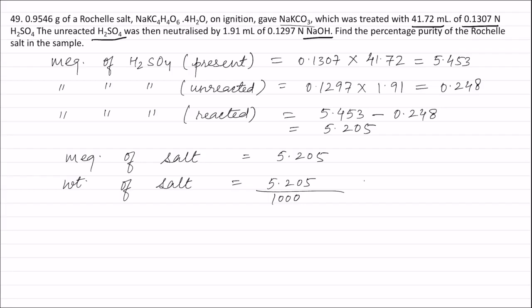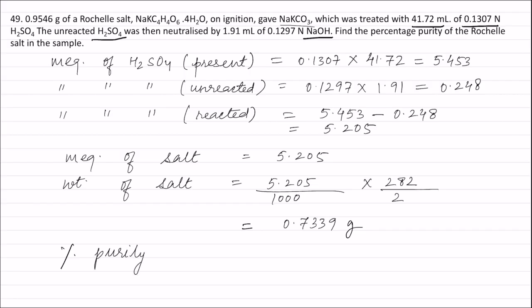Therefore, weight of salt will be equal to 5.205 divided by 1000 equivalents into equivalent weight of the salt. Now, equivalent weight of the salt will be equal to molecular weight of the salt, that is 282, divided by valency factor, that is 2. Solving this, the weight of the salt is equal to 0.7339 gram.